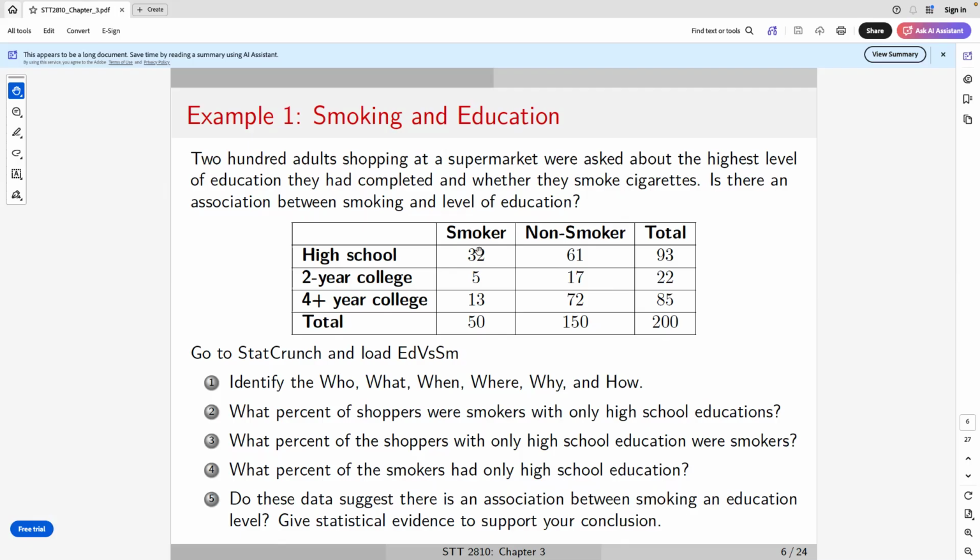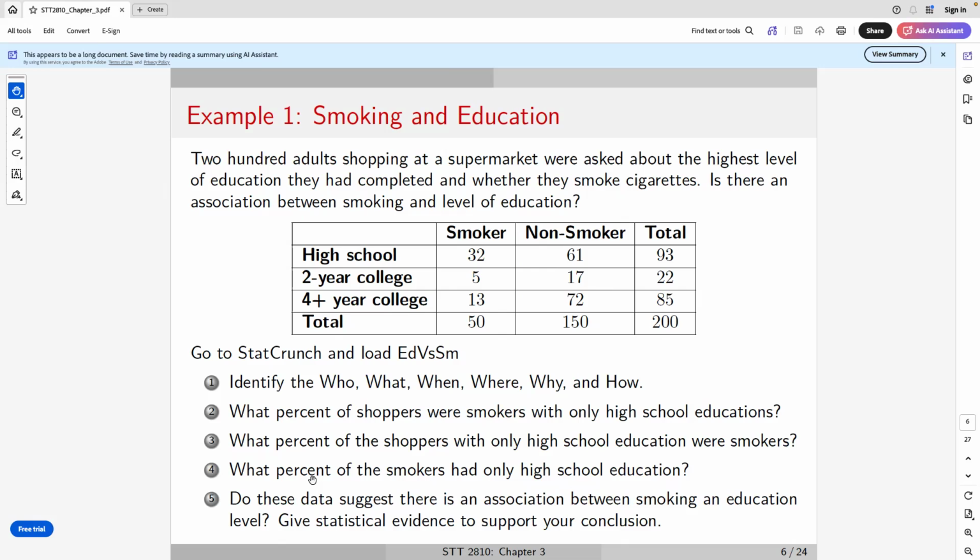So it's going to be 32 divided by 93. Does that make sense? Good. If your percentage exceeds 100%, it means there is something wrong. These are not difficult. The only thing is that you have to ask yourself, percent of what? You have to get the denominator right.